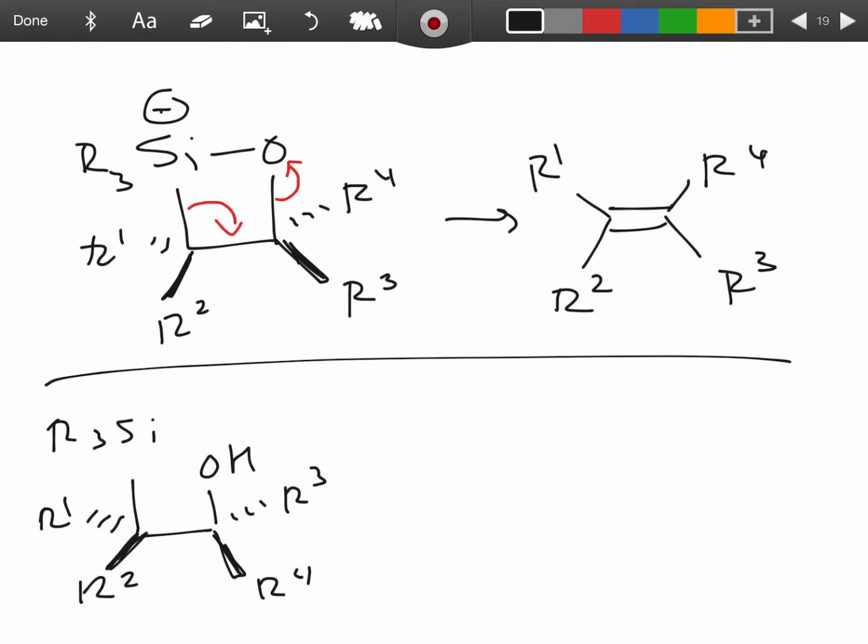To make this be the same double bond where I have R2 and R3 on the same side, I treat this with acid. So I add acid and I protonate my alcohol.